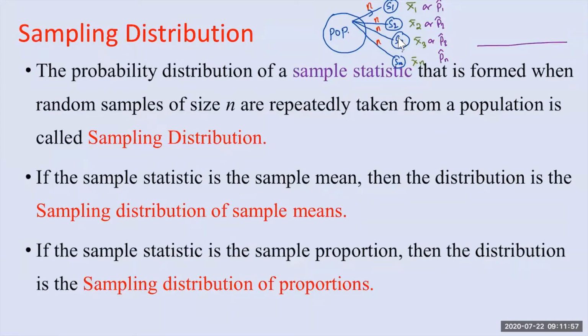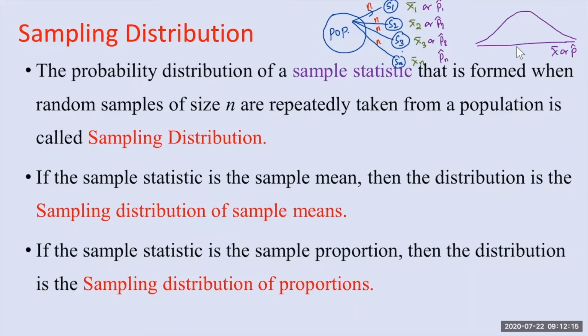So along the x-axis, when you draw the distribution, you may have the mean or you may have the proportion. This distribution which is created here is called the sampling distribution.